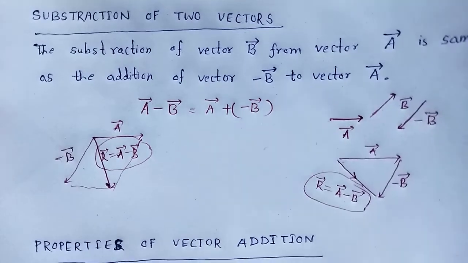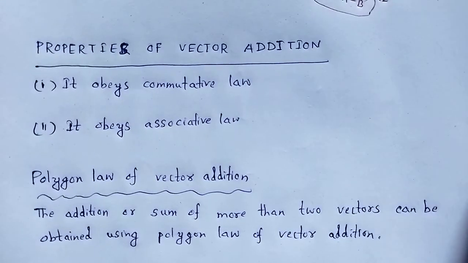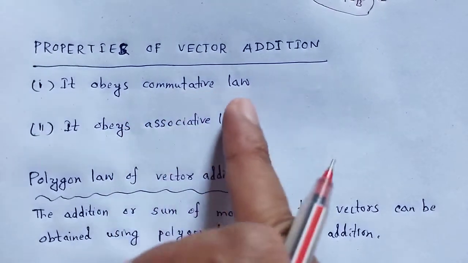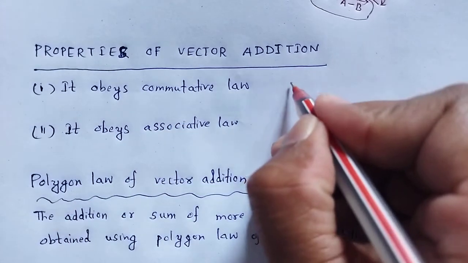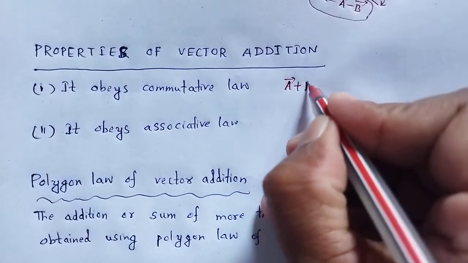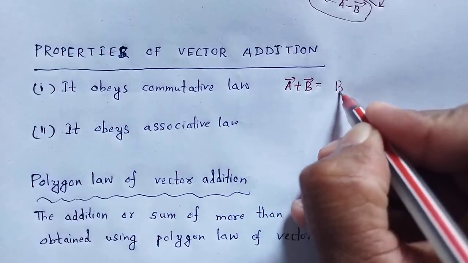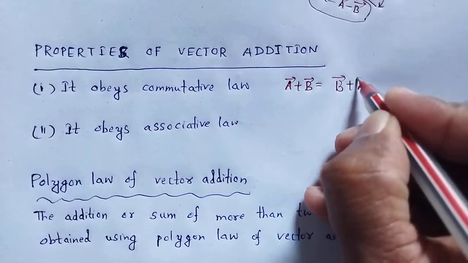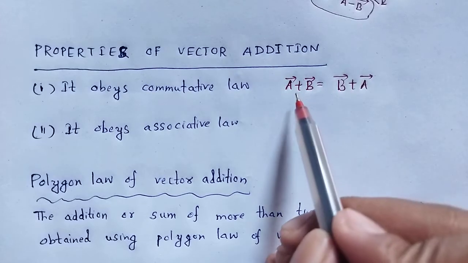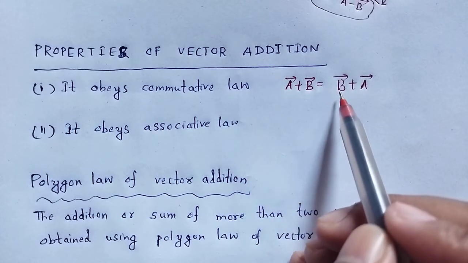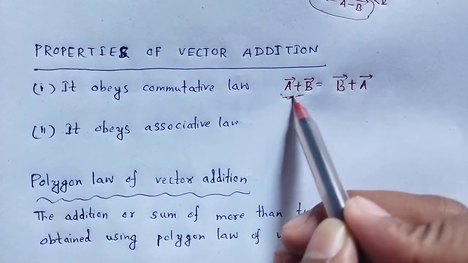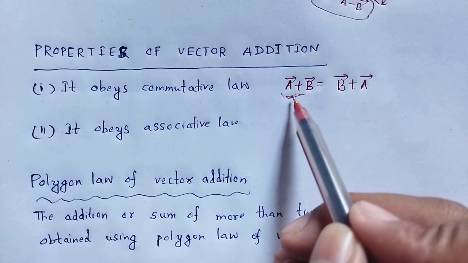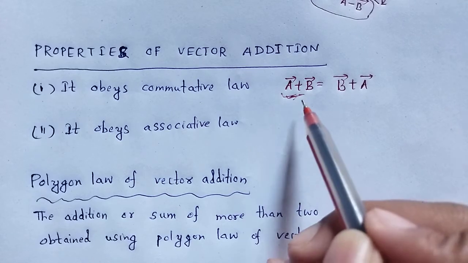Again we discuss some properties of vector addition. It obeys the commutative law and the associative law. Commutative law in the sense, if A vector is added with B vector, then the result of B vector plus A vector is the same. That means A vector plus B vector is equal to B vector plus A vector. So the addition of vectors satisfies the commutative law.